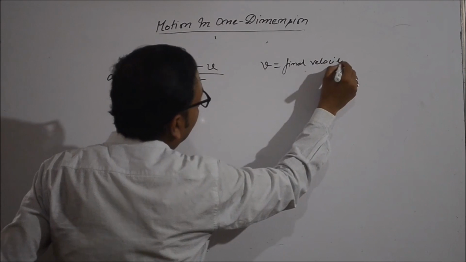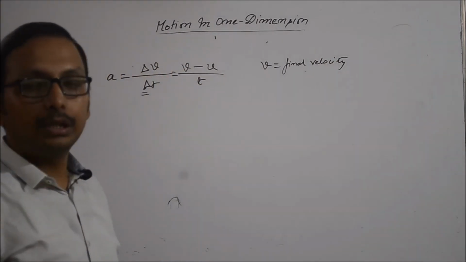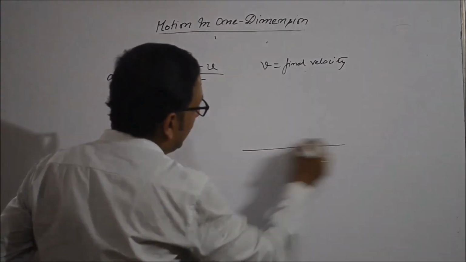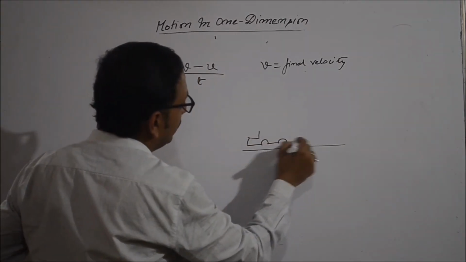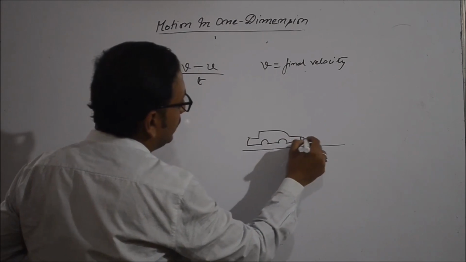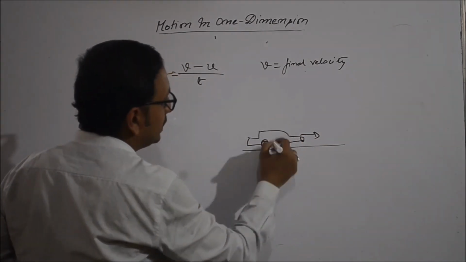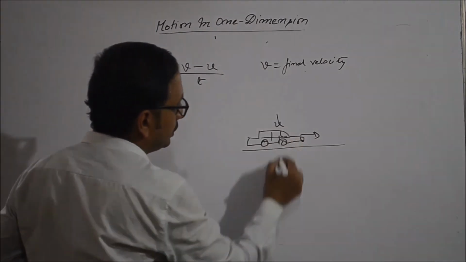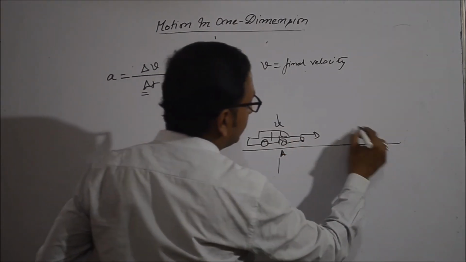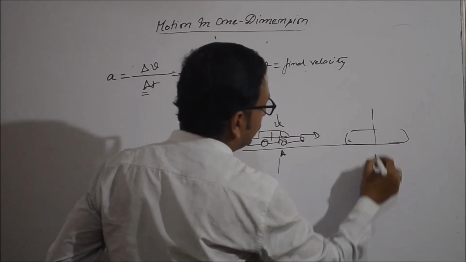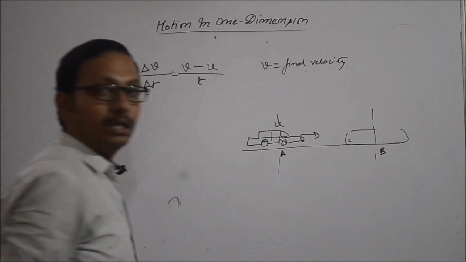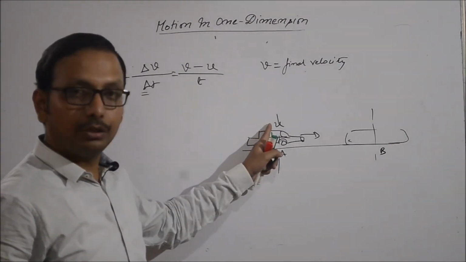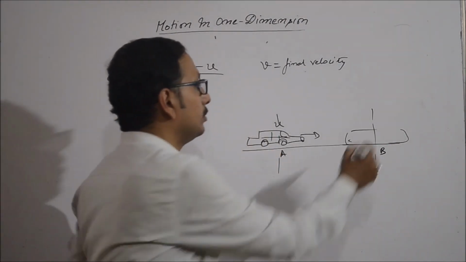Suppose you are moving on a road. Suppose there is a car and it is moving in this direction. At this point it had a velocity of u, that is at position A. Now after some time it reached over here and the position here is B. When we calculated the velocity, we found that at position A the velocity was u and at position B the velocity is v.